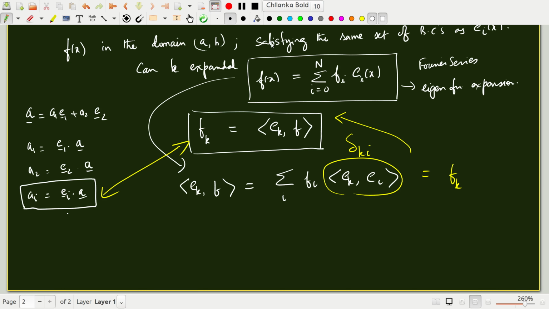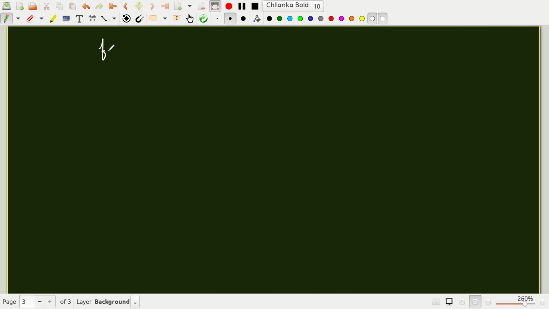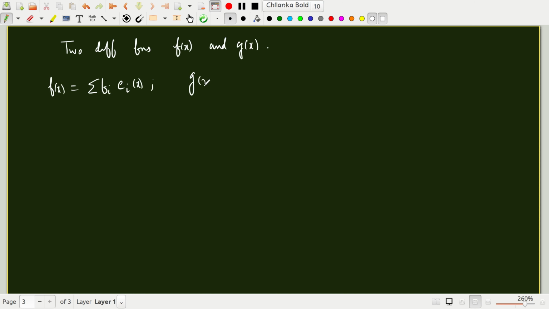Now, if I have two different functions, let's call them f of x and g of x, both of them can be represented in the same eigenfunction basis, as a summation over i.